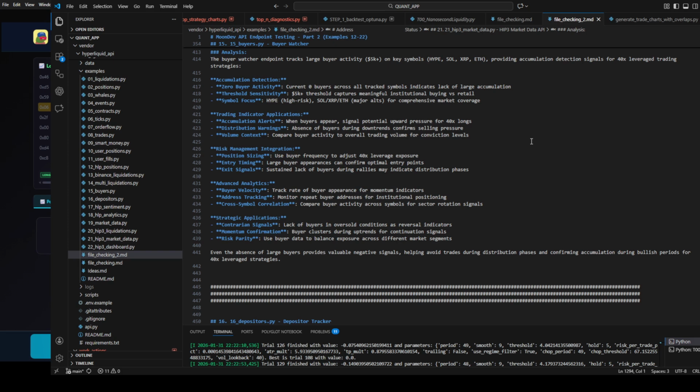Risk management integration, position sizing: use buyer frequency to adjust 40x leverage exposure. Entry timing: large buyer appearances can confirm optimal entry points. Exit signals: sustained lack of buyers during rallies may indicate distribution phases. Just going to drink a little bit.